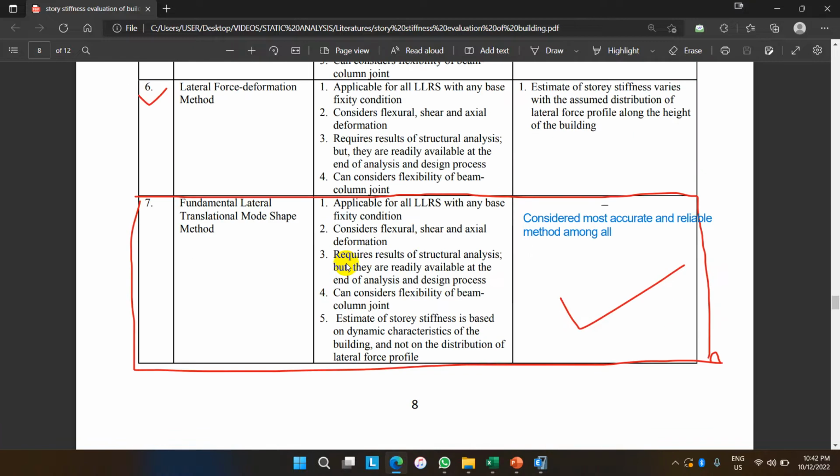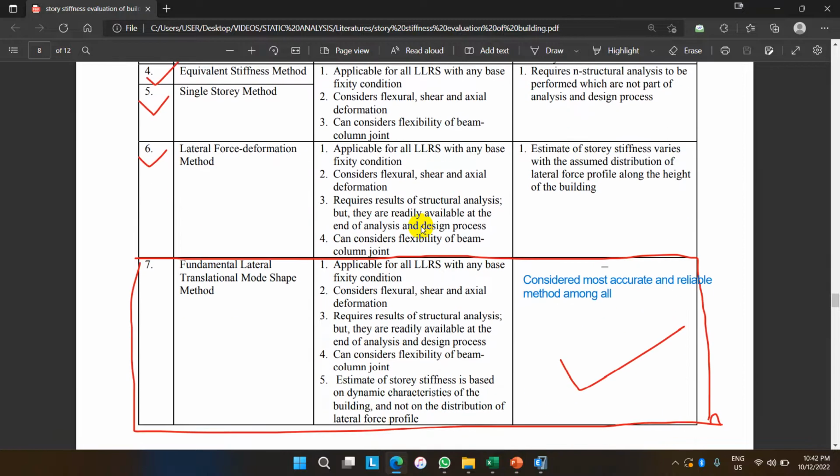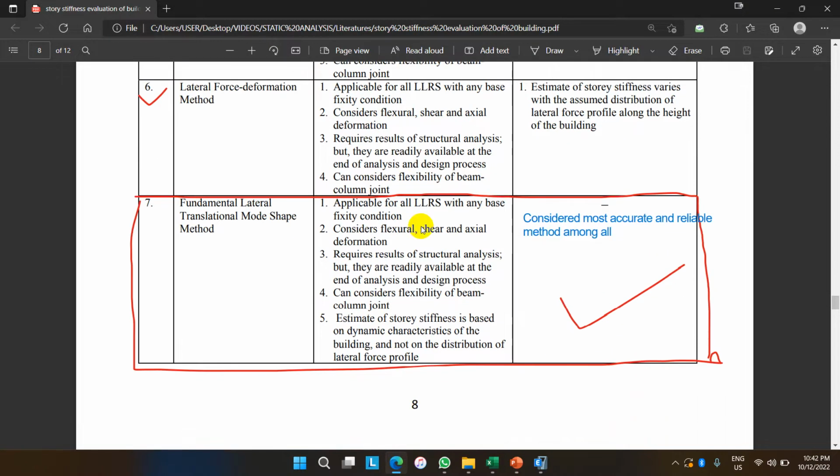The first 3 methods are used only for moment resisting frames with the first story columns fixed at the base, and not for braced frames or MRF with structural wall. While the last 4 methods can be used for any type of structural system.